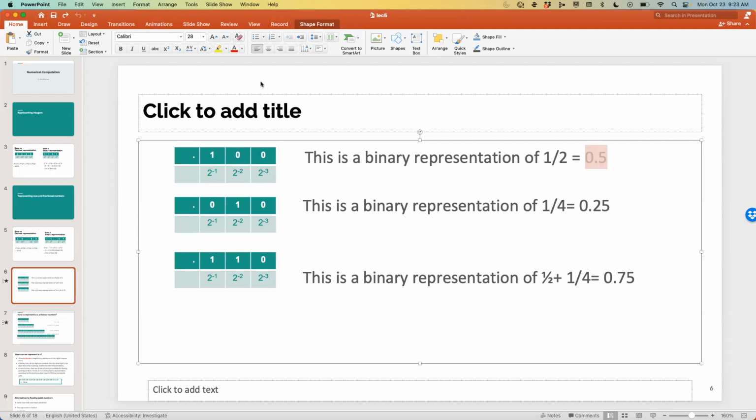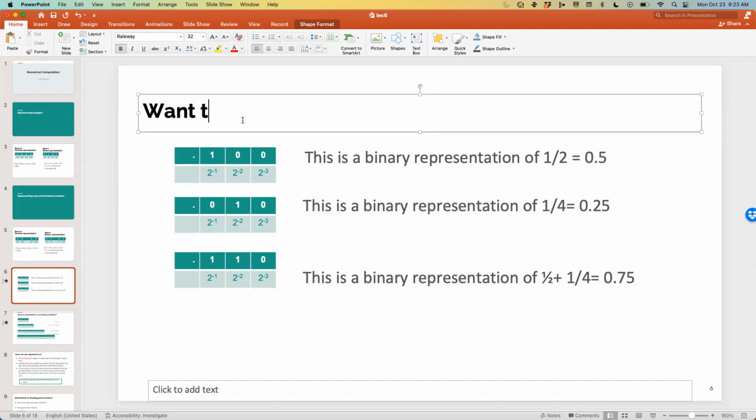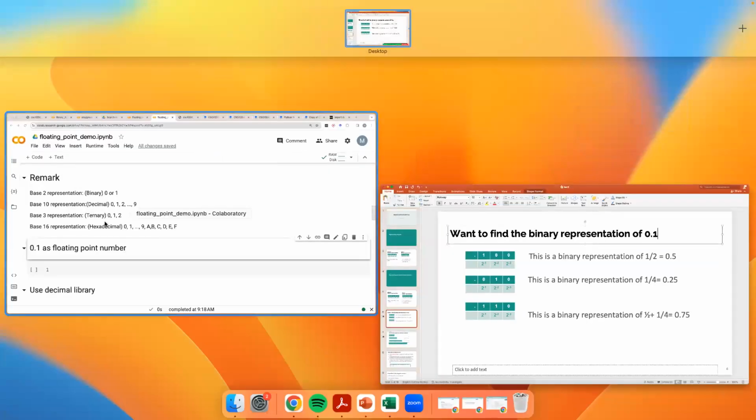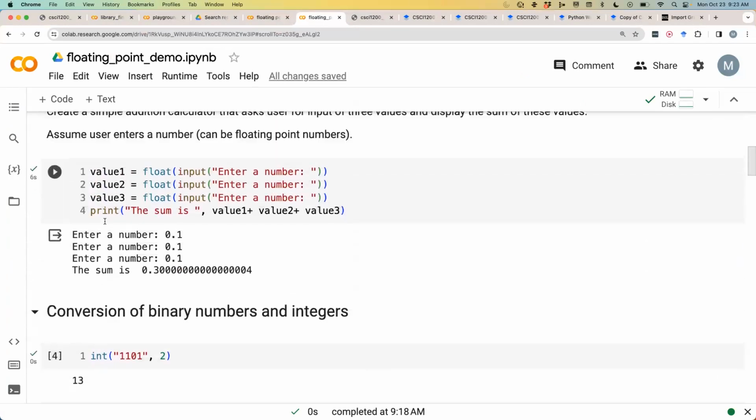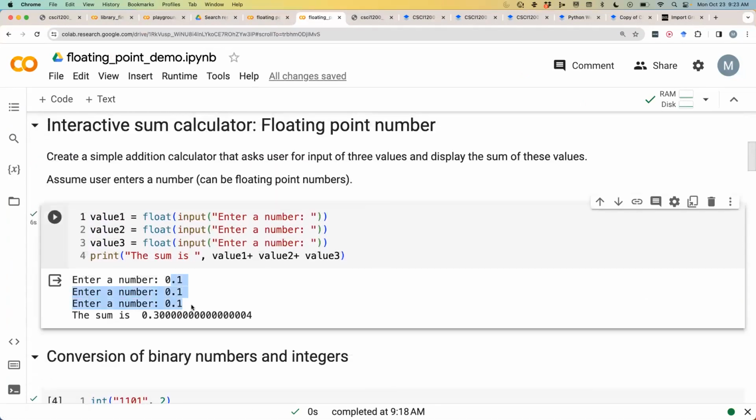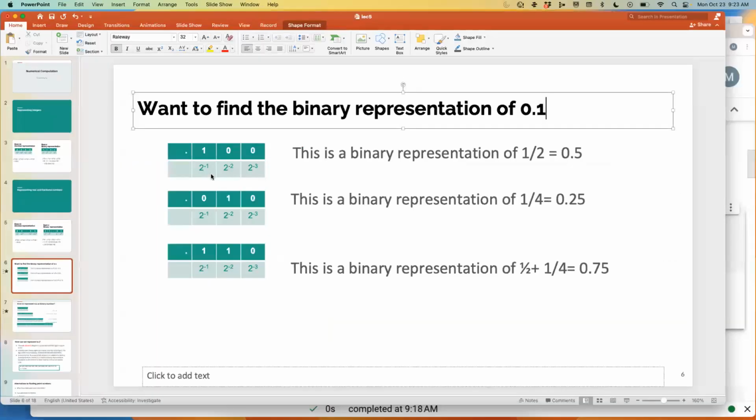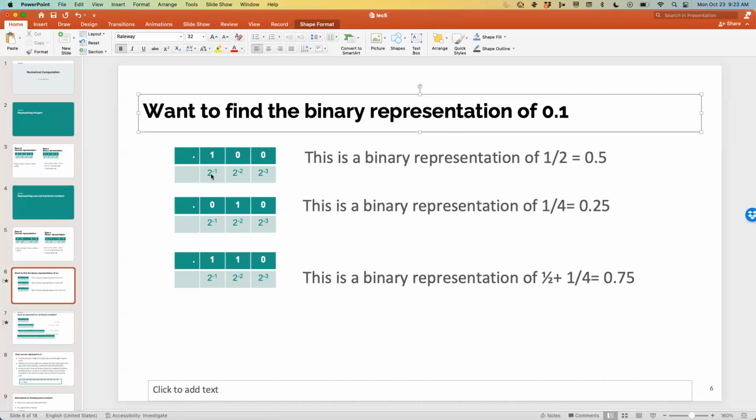We want to find the binary representation of 0.1. This is what we are interested in, because just now, when we added 0.1 three times, we didn't get a precise value, and we wanted to know why. So we wanted to know how 0.1 is being stored in the computer.